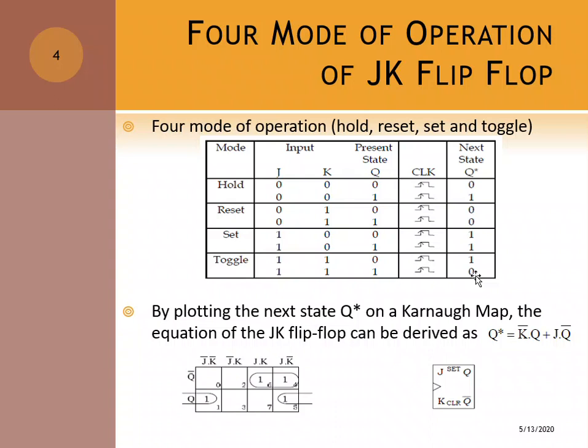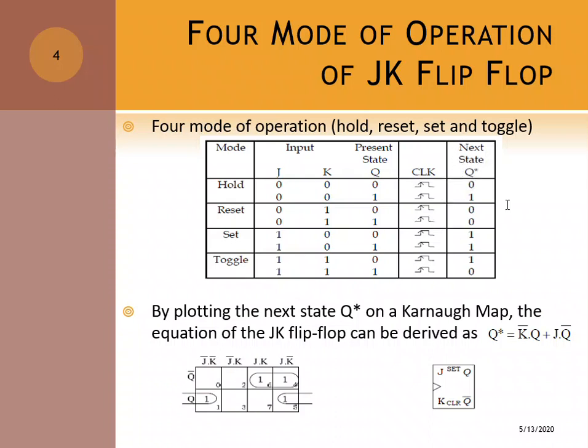Okay, so by plotting the next state Q star on a Karnaugh map, the equation of JK flip-flop can be derived as Q star equal to K bar dot Q plus J dot Q bar. Okay, so if you plot this one, instead of A bar, B bar, A bar, B, A, B, A, B bar, C bar, C, you change the variable names to J, K and Q. Then you plot for Q star.